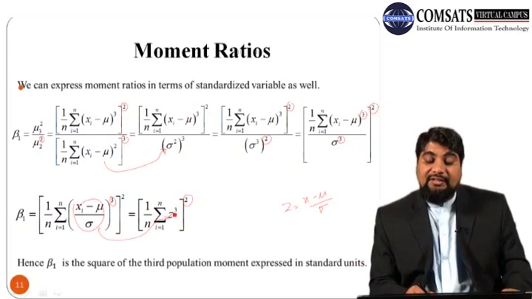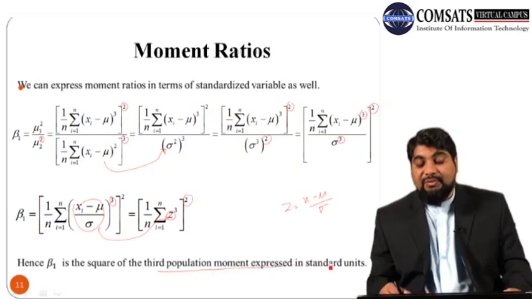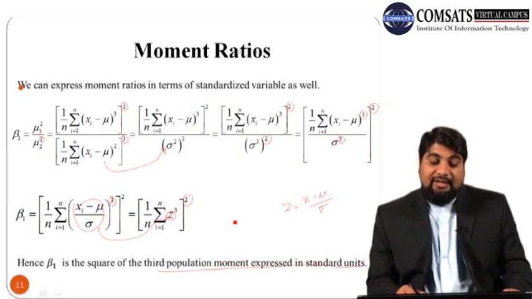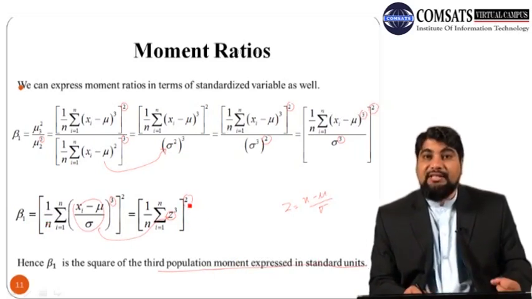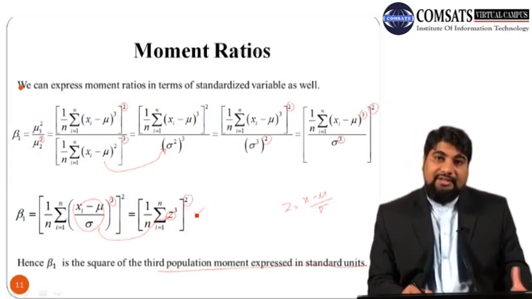So this is z cube, so it means we have summation z cube over n, which means we have the third population moment. Since z has been standardized, we can say that it is the third population moment expressed in standard unit, and beta 1 is the square of this third population moment, which is expressed in standard units. So we will use this result in our later slides.